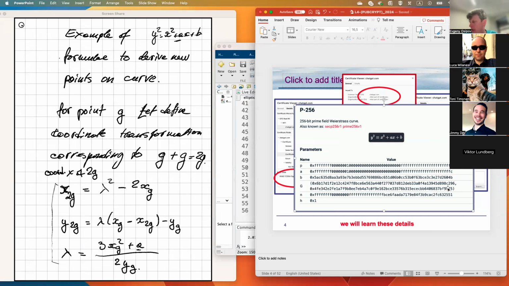So you know x_G and y_G. To derive new points you apply computationally simple operations. There is no exponentiation: it's squaring of some values, multiplication, summation, and subtraction. So this transformation is simple.